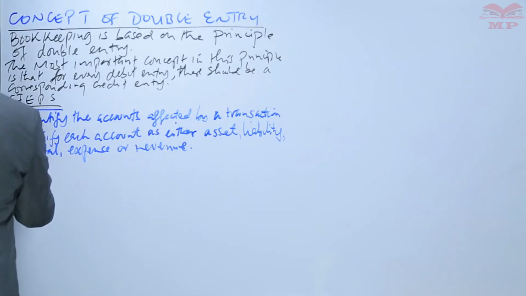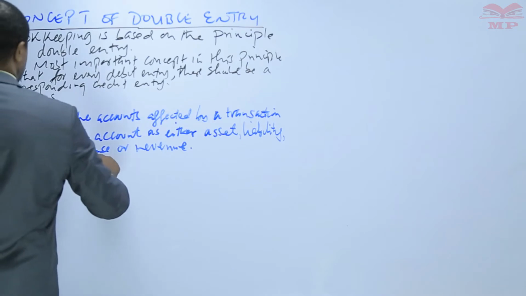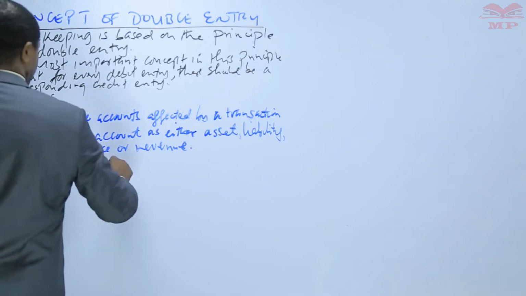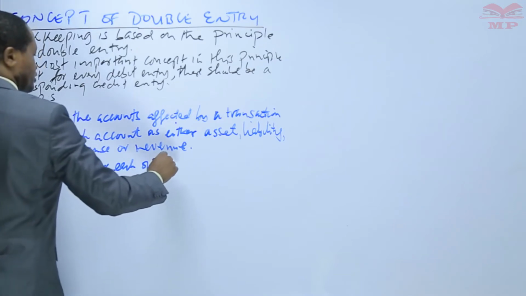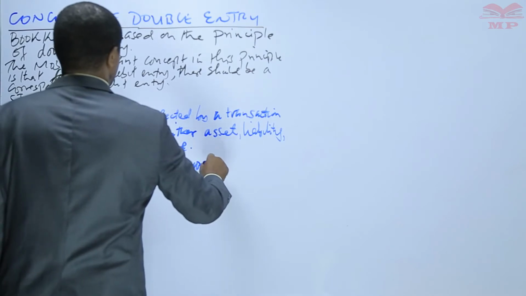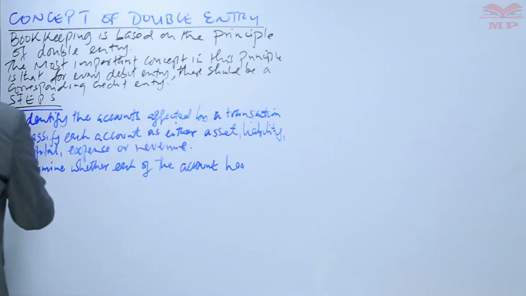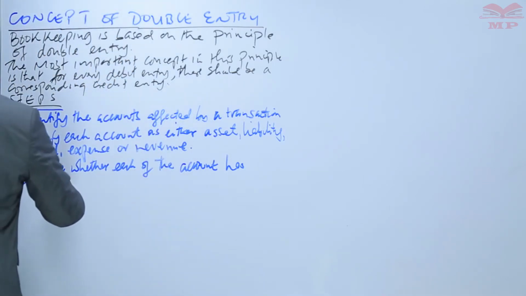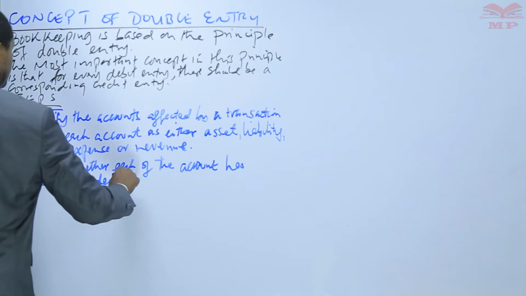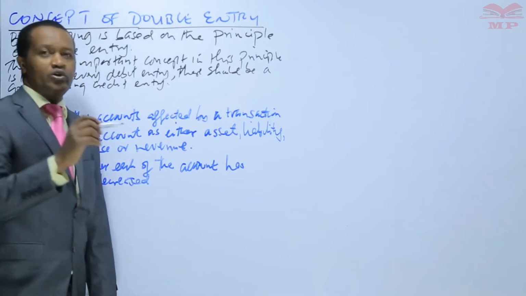Step number three, learners. Determine whether each of the account has increased or decreased.